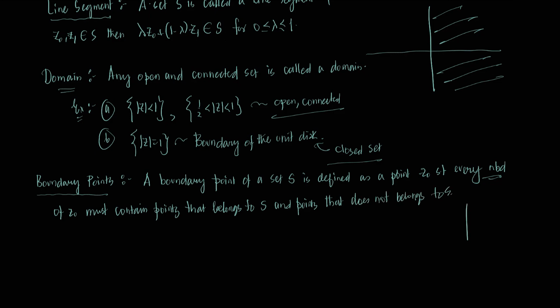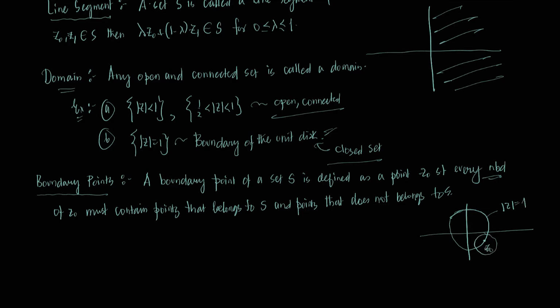So it is quite clear. If you are taking a disk, or in this case the boundary of the disk, we are basically looking at points which lie on this circle, mod z equals 1. You take any point Z0 and a small enough neighborhood.